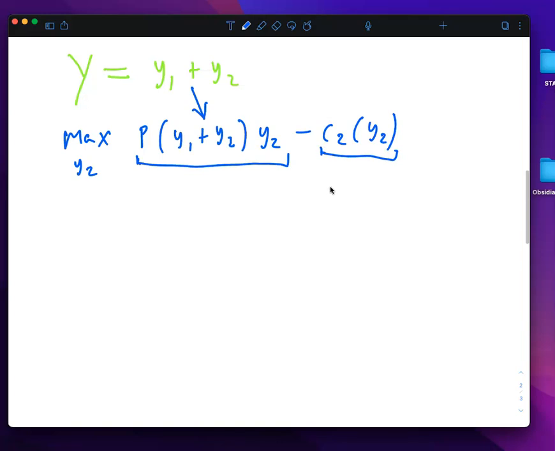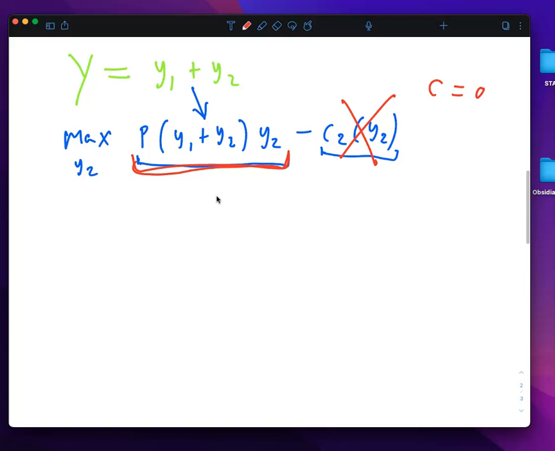But for today's discussion, we're just going to assume that costs are 0. So I'm going to just say that is equal to 0. And we're really going to focus on this portion right here. All right. So that's how you would describe the maximization problem.